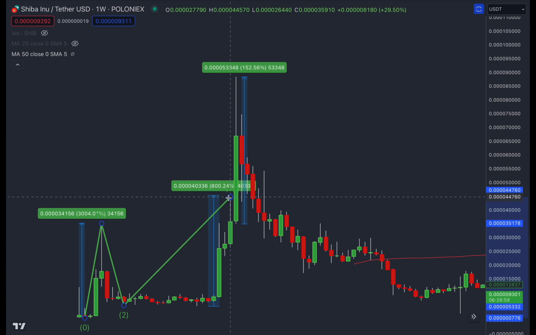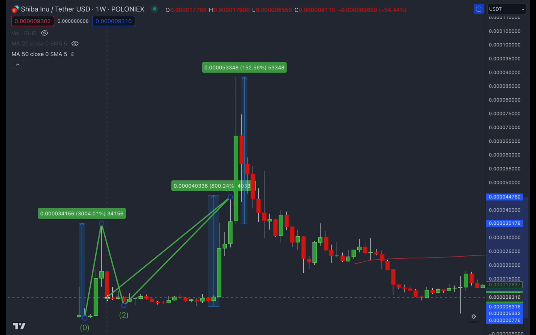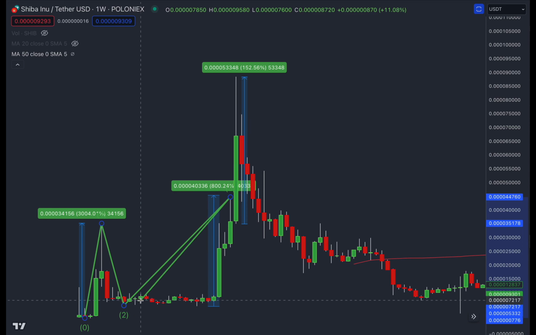Now again, we're looking at a weekly chart. And when you look at wave 2 being this complex, meaning that it was 20 weeks, really 21 weeks, before this moved again, that's a very complex wave 2.